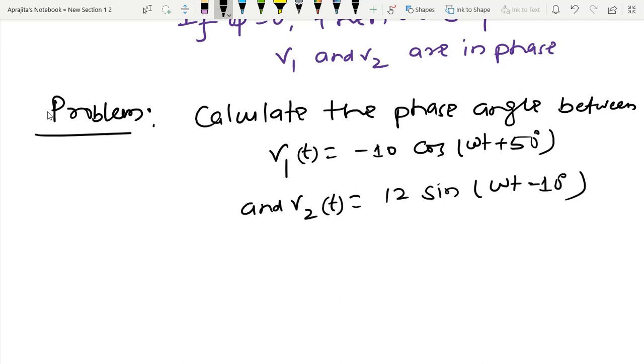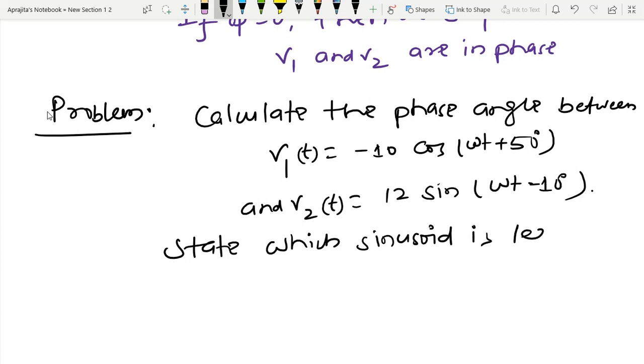Most of the time we represent phase phi in degrees. The question is to state which sinusoid is leading.